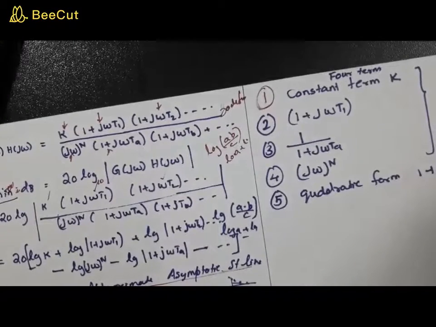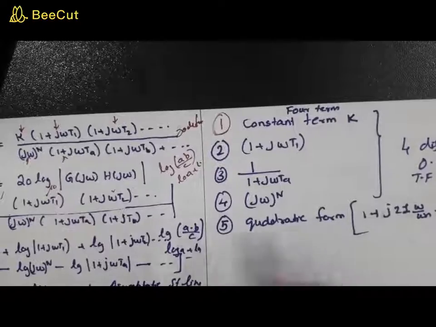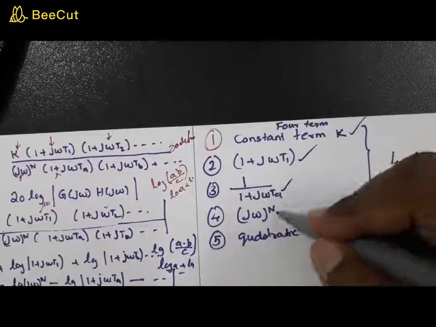Something of this form, and this can be, say, plus or minus p. We'll be dealing with this separately. So to start with, we will be dealing only with these four terms.